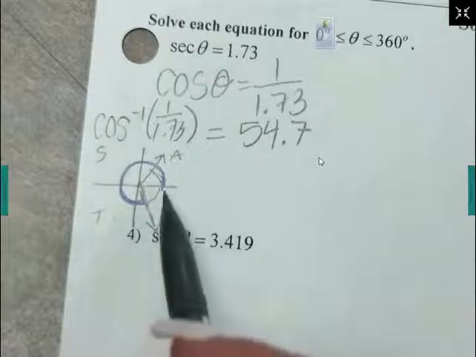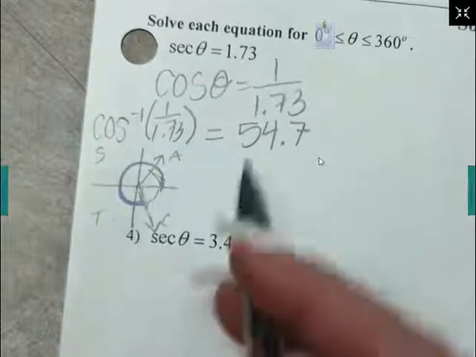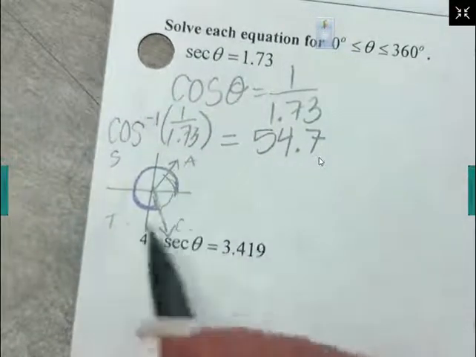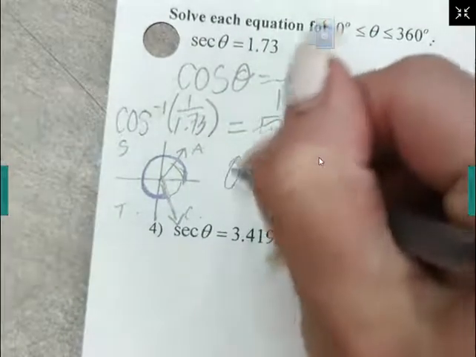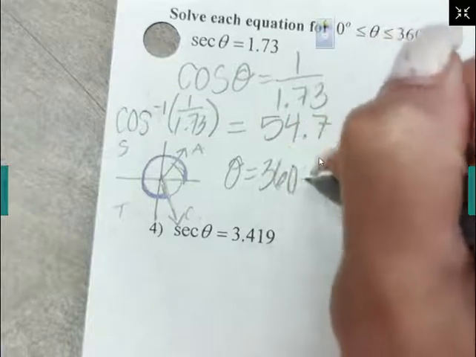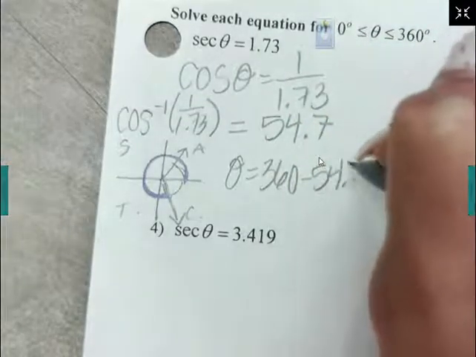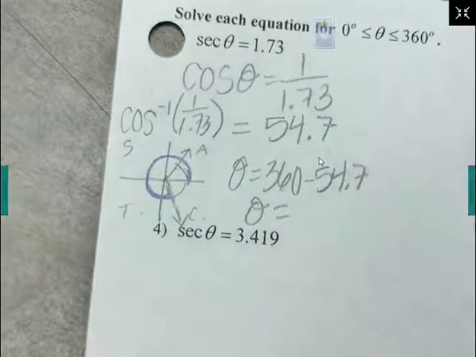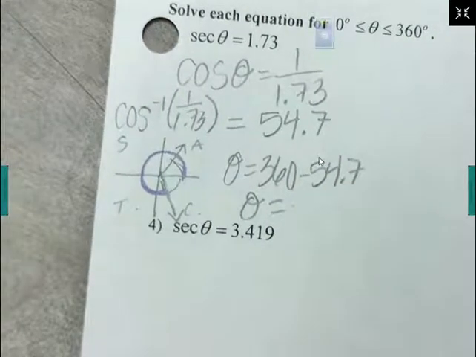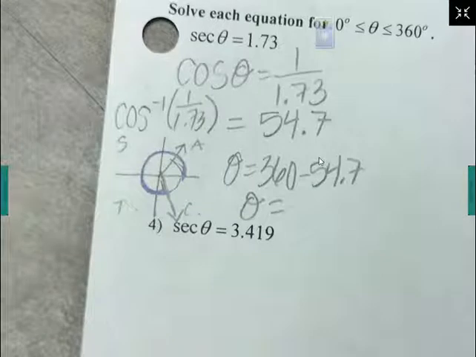Right, but what is this angle right here? Right, so we could use that information to find just the purple by saying that theta is equal to 360 minus 54.7. 324.7.